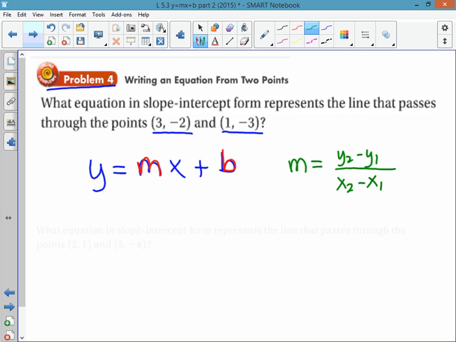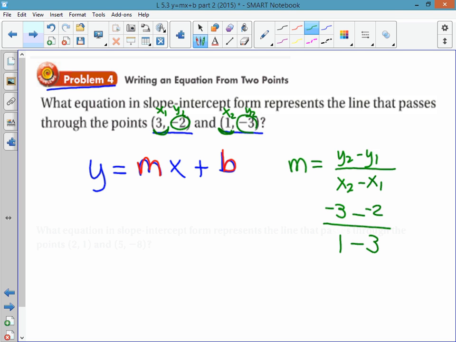So your first step in this problem is just to take the 2 coordinates and label them with the x1, y1 and x2, y2, and then calculate the slope. y2 is negative 3 minus y1 is negative 2, and that's being divided by x2, which is 1 minus x1, which is 3.